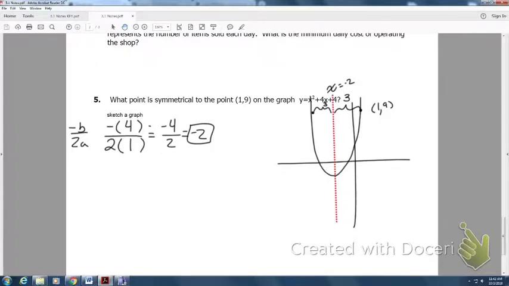So what is the x value of this point then? Negative 5. If I'm at negative 2 and I go left 3 units, it is negative 5. Is my y value the same as this point? Yes. I didn't go up or down at all. I'm just going across the parabola. So that would be the point that is symmetric to that.